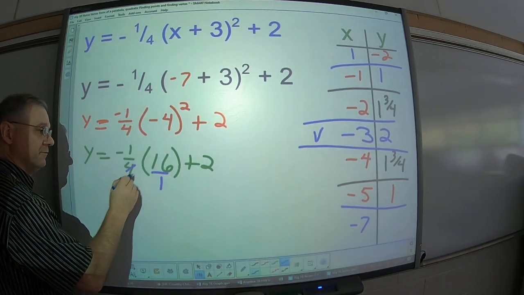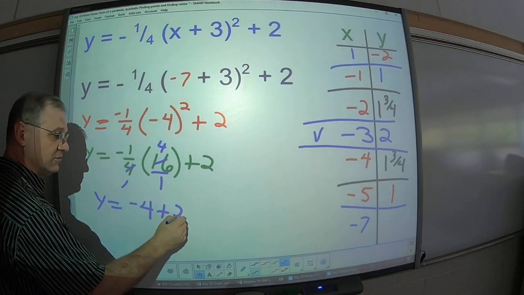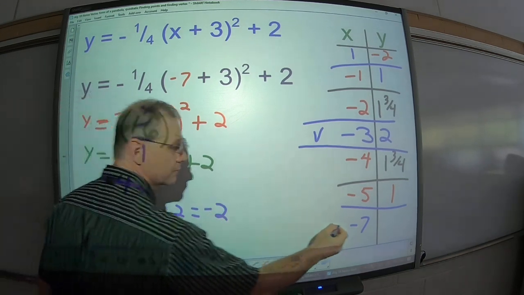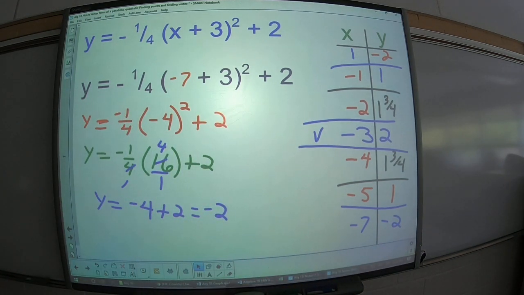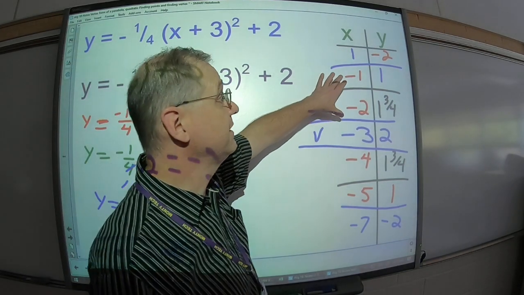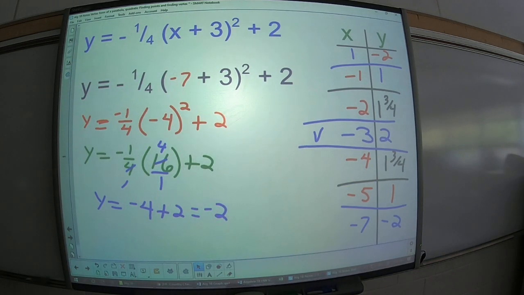Put it over 1, reduce. I get negative 4 plus 2, negative 2. Now I have definitely 5 points. I actually have 7 points here, but 5 that are going to be easy for me to graph to do my work.